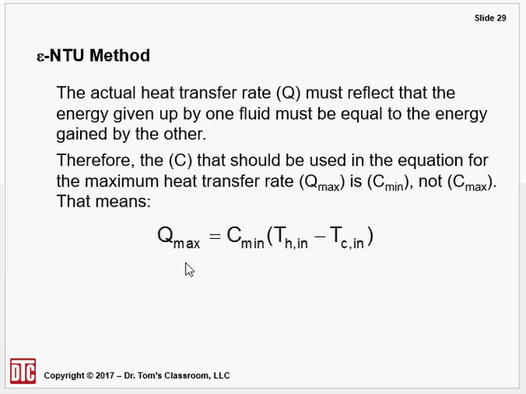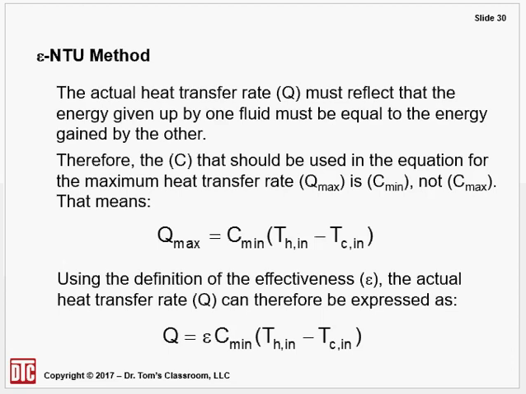If you used the C sub max, you would end up with something greater than is actually possible. So you need to use the minimum. Just take my word for that part. There is more to it than that in the argument, but it is in fact the case.